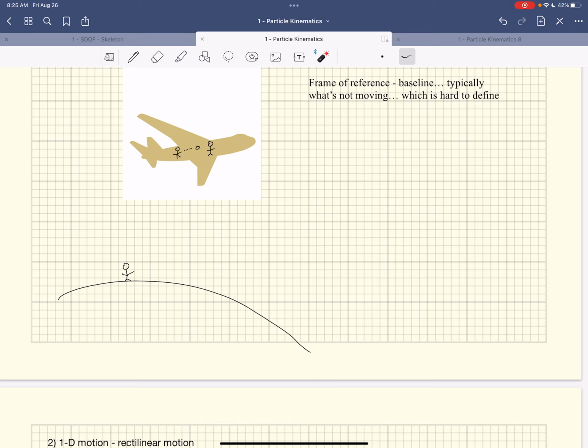A coordinate system is a specific set of coordinates within a reference frame.